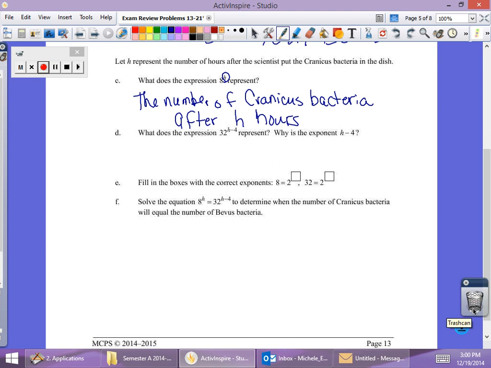Okay, part D. What does the expression 32 to the h minus 4 represent? Okay, well, the 32 is the one that went with the Bevis bacteria. So it is the number of Bevis bacteria after h hours.